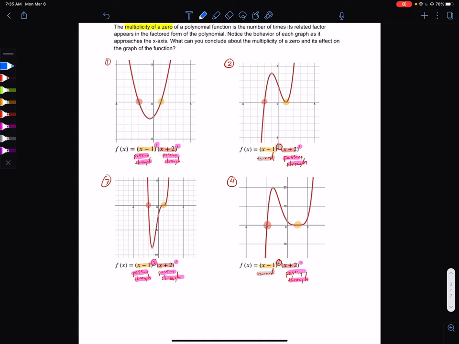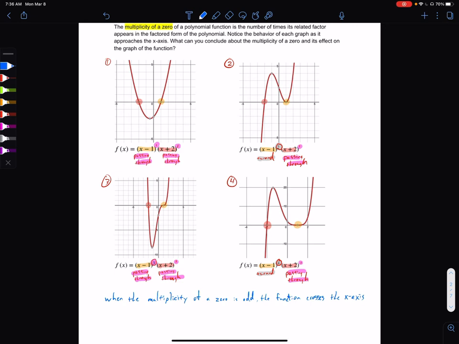So what can we take away from this? When the multiplicity of the zero is odd, so 1, 3, 5, 7, 9, those numbers, the function crosses the x-axis.